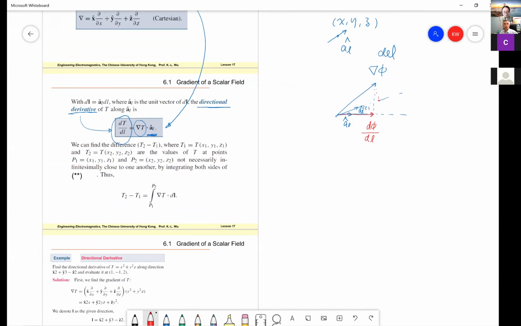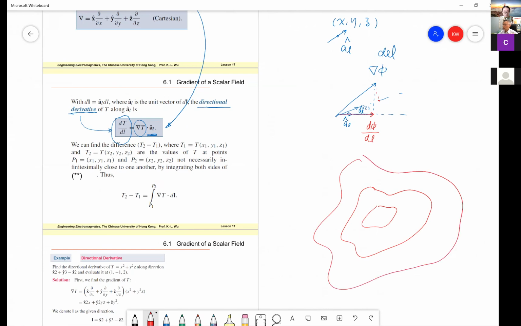Let's take another example. You people in Hong Kong like hiking, right? If you look at the map, I call it the equal altitude map. Let's say this is 2,000 meters, this is 1,800, this is 1,600, and so on. This is our map contour.